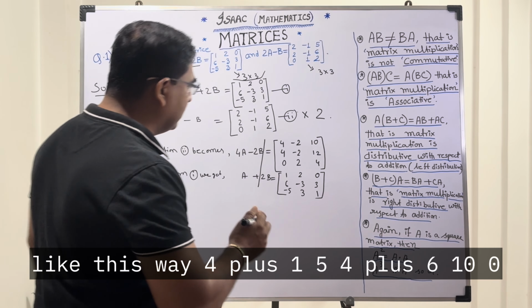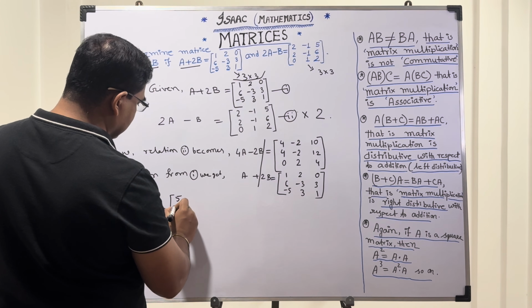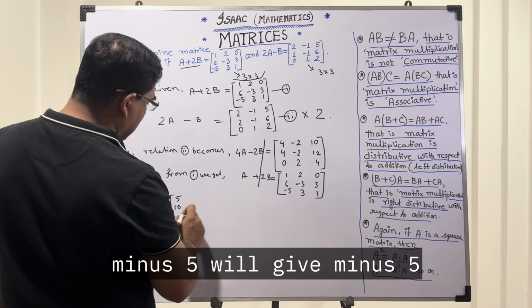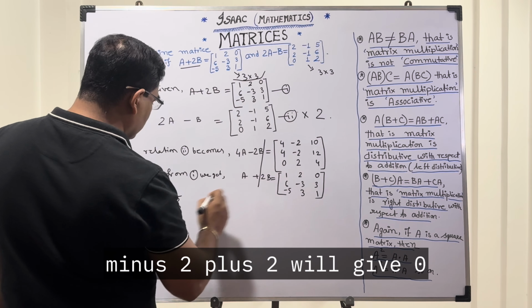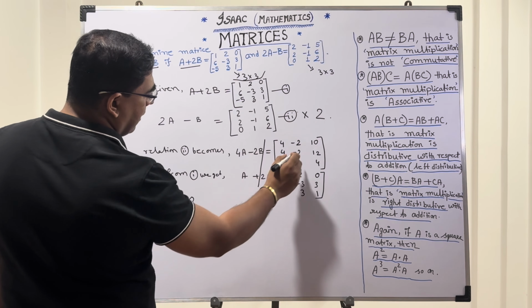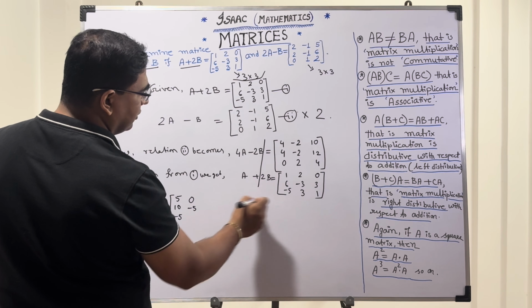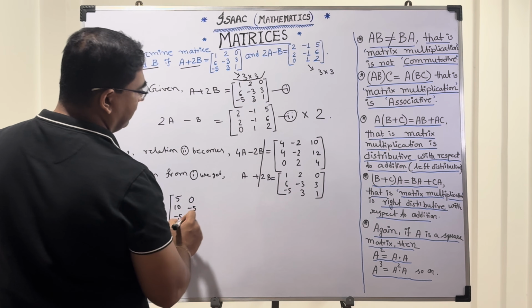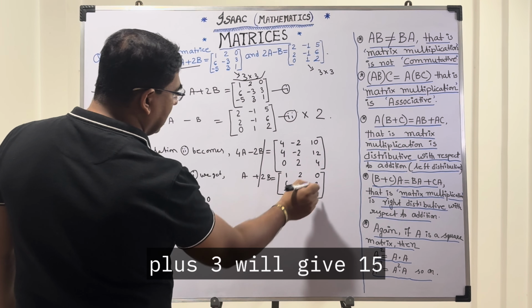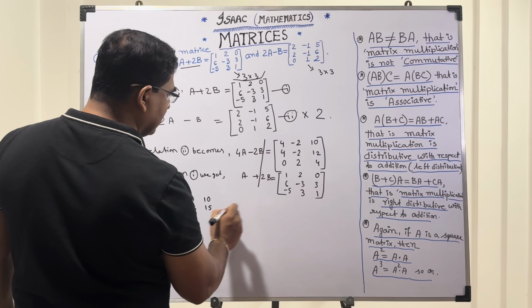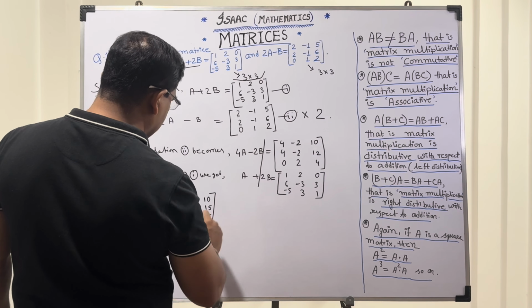Like this way: 4 + 1 is 5, 4 + 6 is 10, 0 - 5 gives -5, -2 + 2 gives 0, -2 - 3 gives -5, 2 + 3 gives 5, 10 + 0 gives 10, 12 + 3 gives 15, and 4 + 1 gives 5.